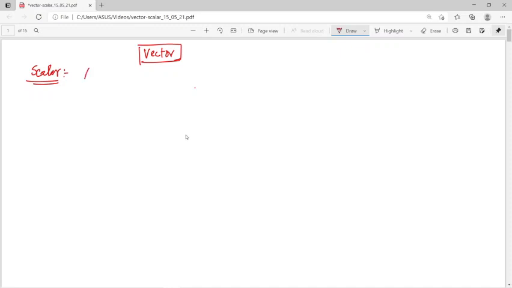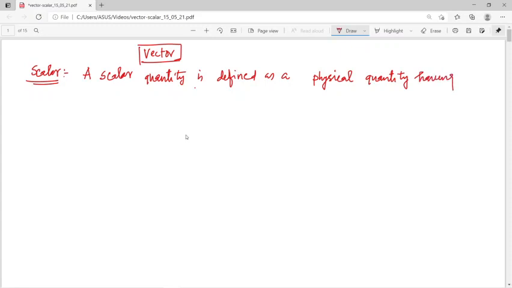We know the basic definition: a scalar quantity is defined as a physical quantity having only magnitude but no direction.